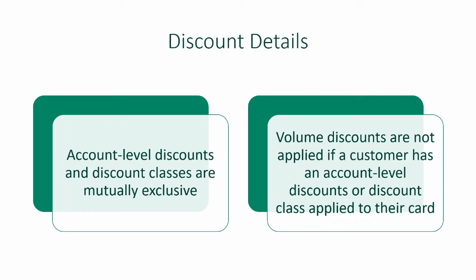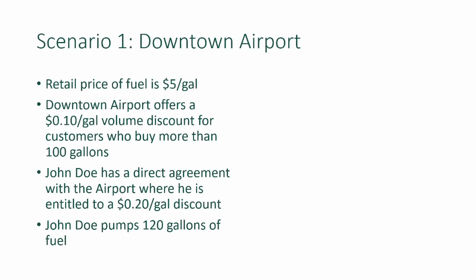Let's take a look at some scenarios. First, let's talk about downtown airport. The price of fuel for customers at downtown airport is $5 per gallon. The airport offers a 10-cent per gallon discount for customers who buy more than 100 gallons at a time. The customer John Doe has a direct agreement with the airport where he is getting a 20-cent per gallon discount on his customer account.